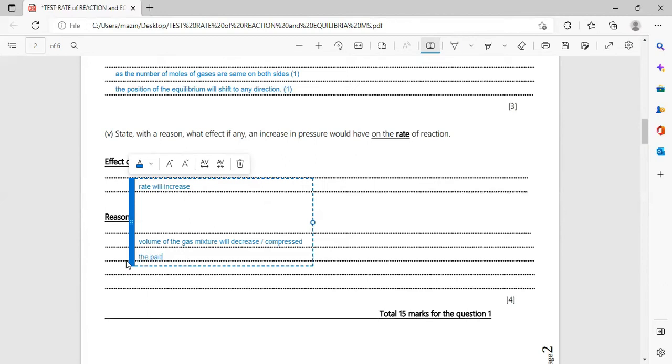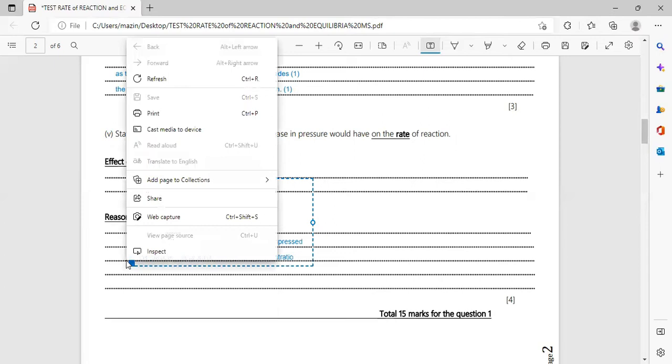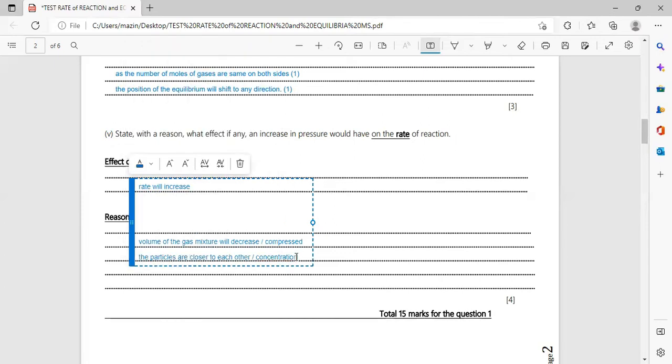So the particles will be closer to each other, or you may write the concentration will increase, another mark. And then there will be greater frequency of collision.